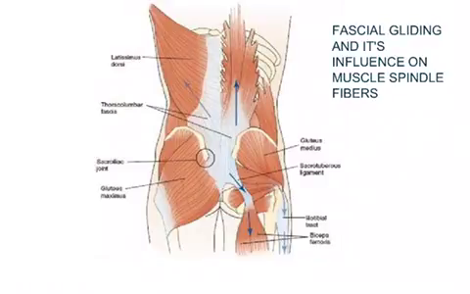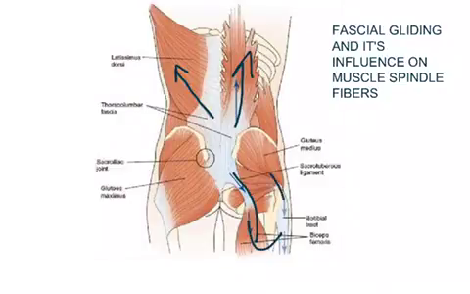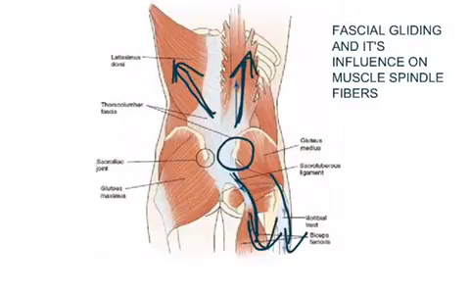As an example, if we look at the low back, we have the pull of the latissimus dorsi, the pull of the lumbar erectors, and the pull of the hamstring, as well as the pull of the tensor fasciae lata, all influencing the sacroiliac joint. Now, this system works quite well as long as the muscles pull in a balanced fashion and we have normal distribution of forces onto the joint.